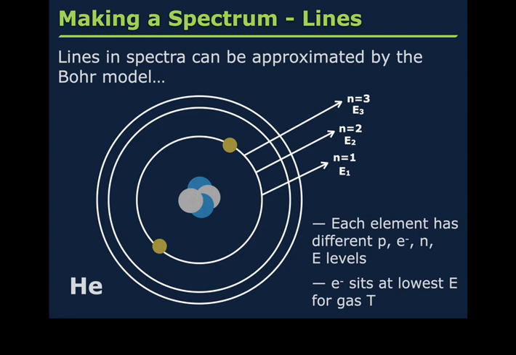You always see the energy levels described as integer multiples, so energy level n = 1 is going to have an energy of E1, energy level 2 is going to have an energy of E2, and so on. And remember that physics tells us that an electron always wants to sit at the lowest energy level possible for a given gas temperature.